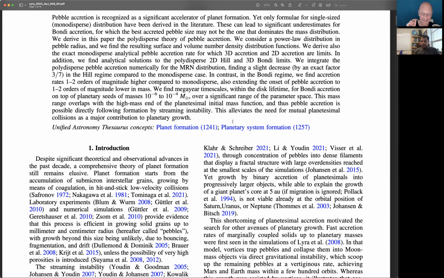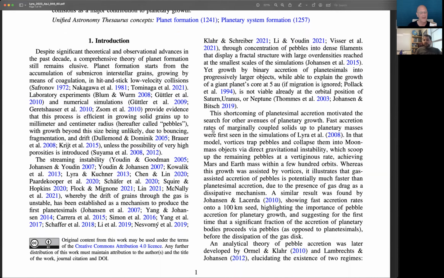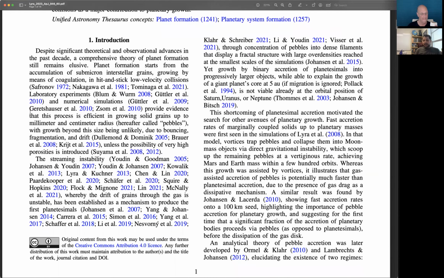I say that here in the introduction of the article. So the theory of pebble accretion contrasts with the theory of planetesimal accretion.